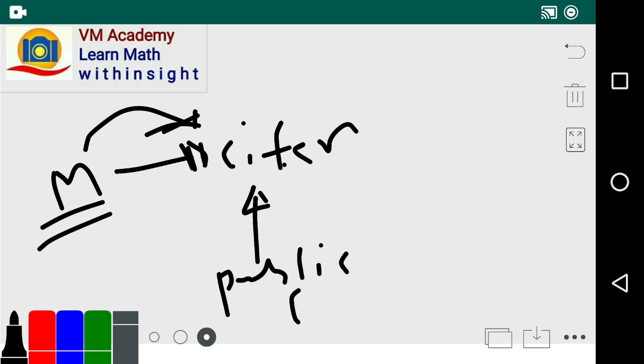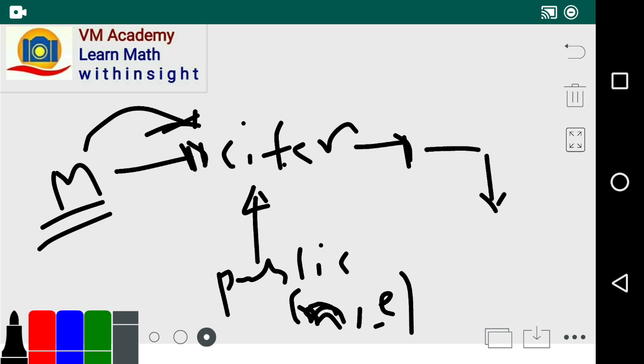And the public key is given by the receiver, and it is nothing but the numbers n and e. So this forms the public key, and then the cipher text is transferred through the network, and the receiver gets this cipher text. What will the receiver do? The cipher text is decrypted by the receiver with the help of the private key.